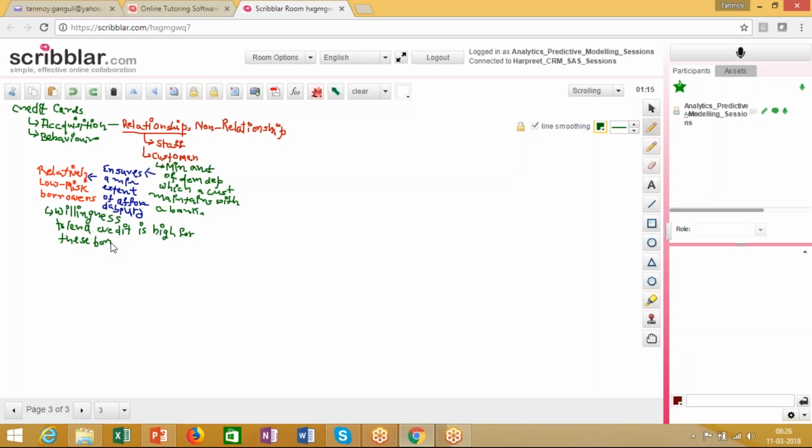So basically, it is generally seen that during downturn periods, it is the relationship borrower who gets the credit, but not non-relationship borrowers.